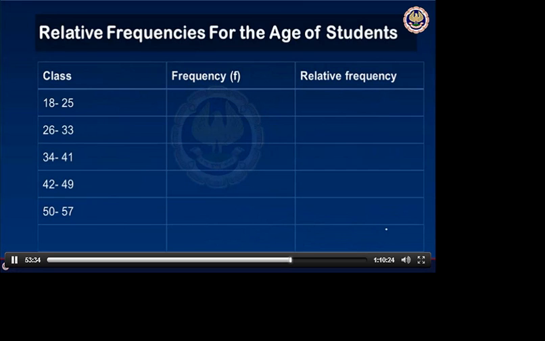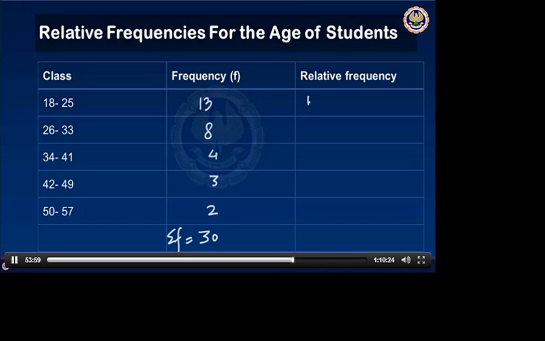So now we can find out the relative frequencies for the age of students. Now we have 13 number here, we have 8 here, 4 here, 3 here, and 2 here. So what we are going to do is we are going to take the figure 13 and divide this by 30. This is the sum of frequencies.